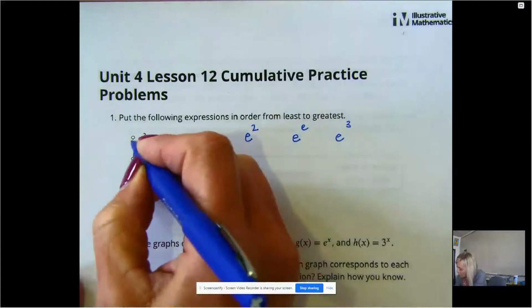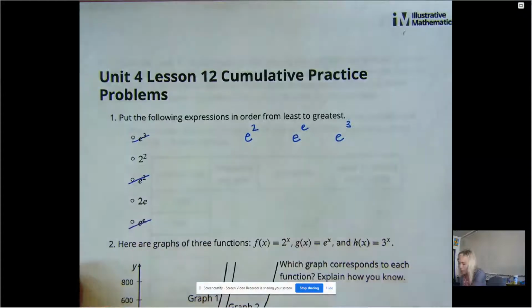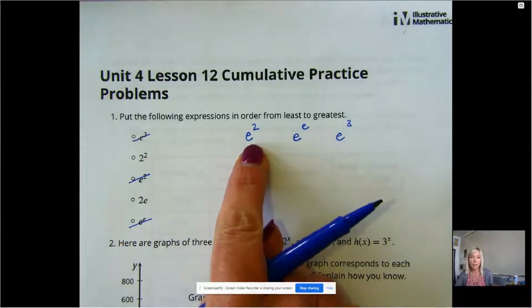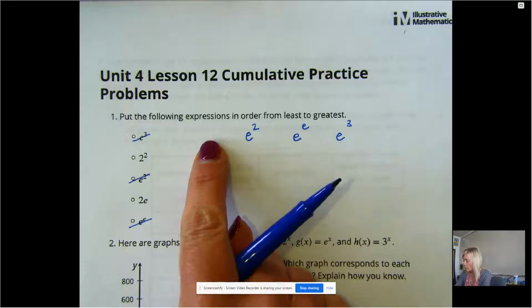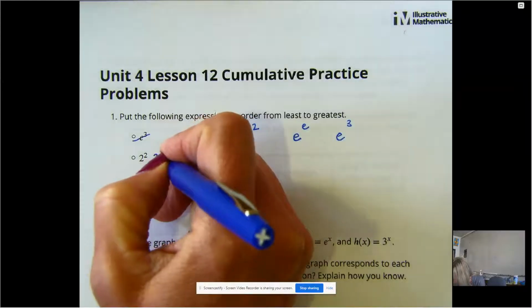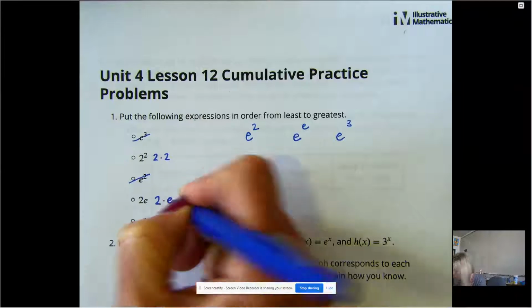And then I have to figure out between 2 to the second and 2 times e, where they would go. So 2 to the second I know is smaller than e to the second because 2 is smaller than e. So I know 2 to the second goes below that. And then 2 times e. So I want to think of this as 2 to the second, 2 times 2, where this is 2 times e.